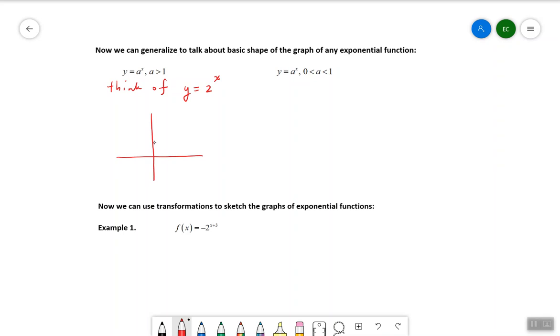And then the graph is going to look like the graph we just drew. And again, it doesn't matter if it's 2 to the x or 10 to the x or 1.5 to the x. The basic shape is the same. So there's a y-intercept at 1, and there's a horizontal asymptote at y equals 0.